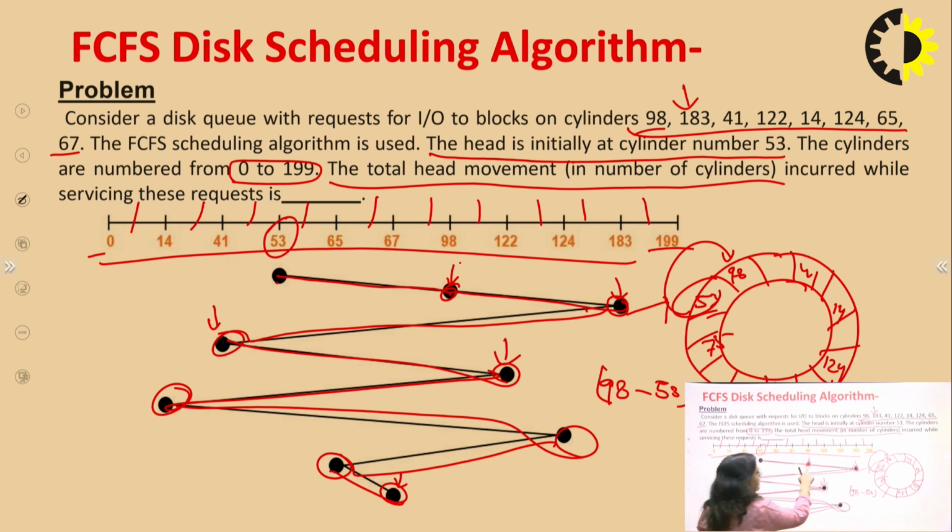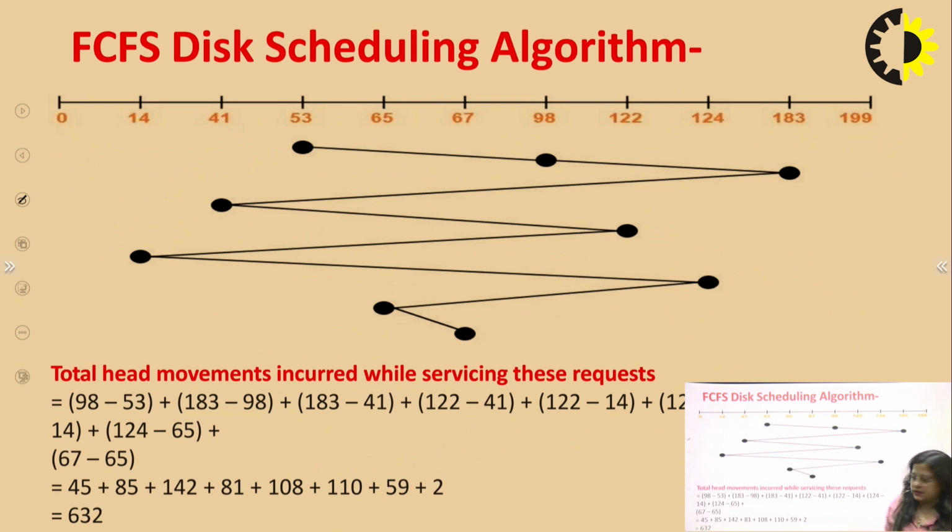Now move to 183: 183 minus 98. Then 183 minus 14, like this. This is the final calculation to solve this algorithm.